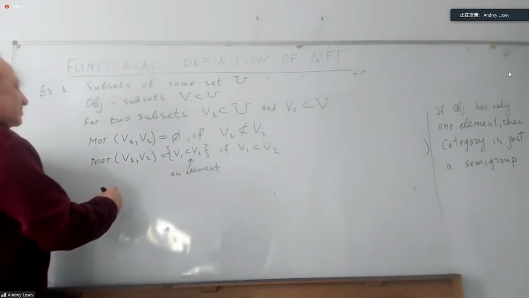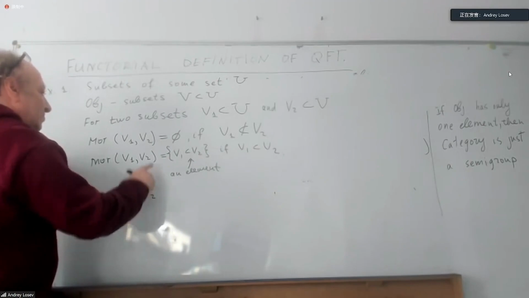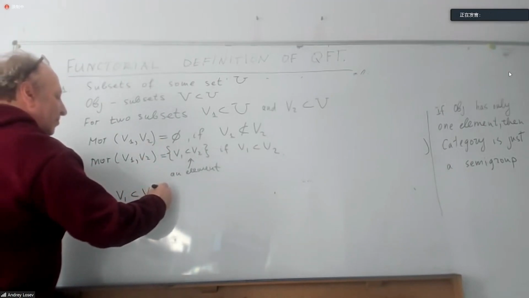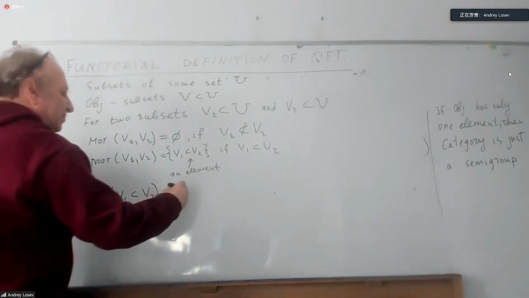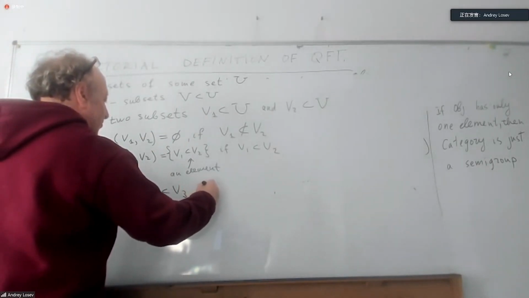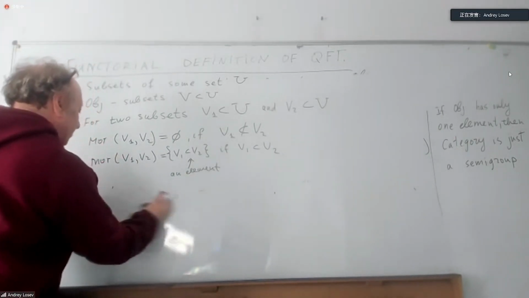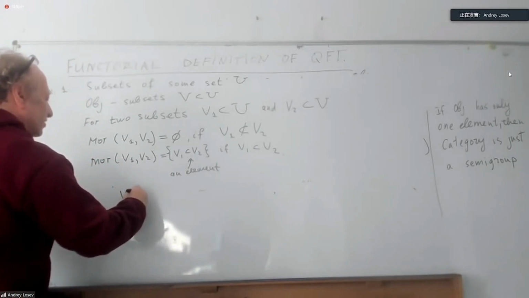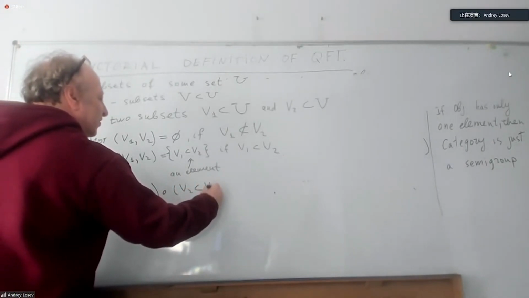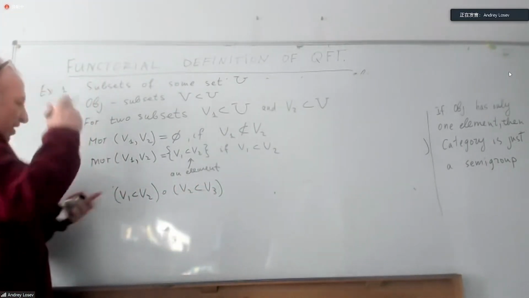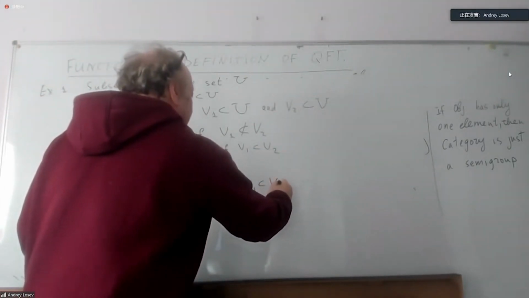Now associativity is clear. V1 in V2 composed with V2 in V3 gives the composition of morphisms, V1 inside V3.